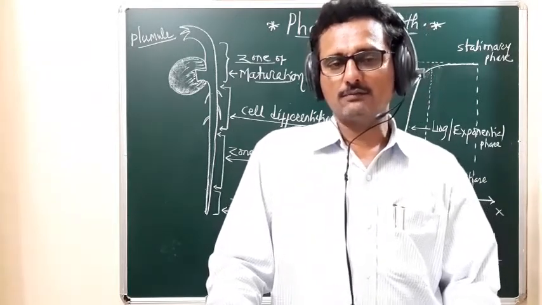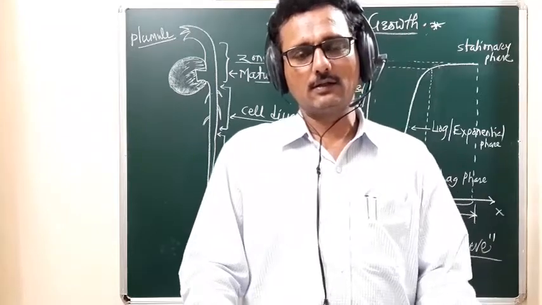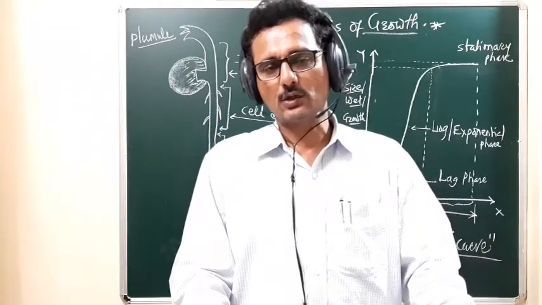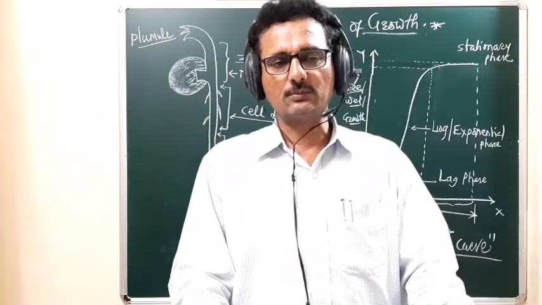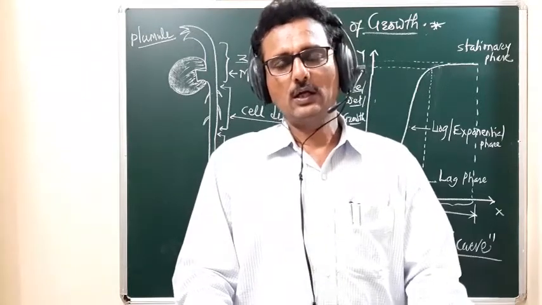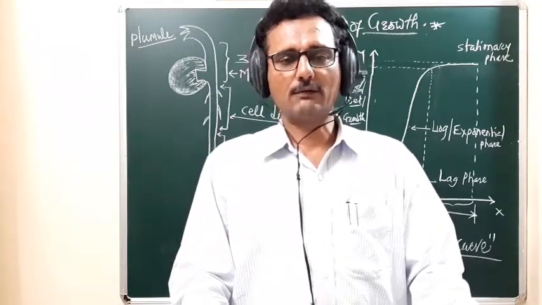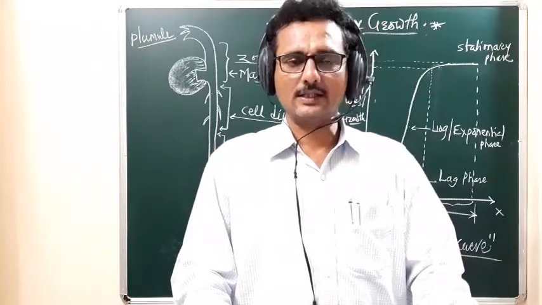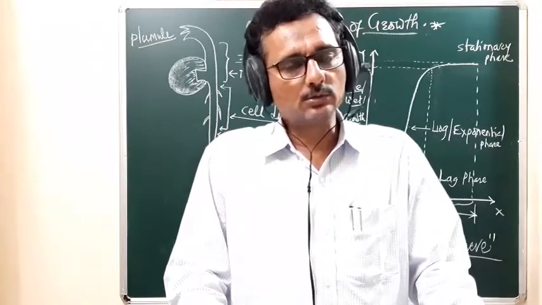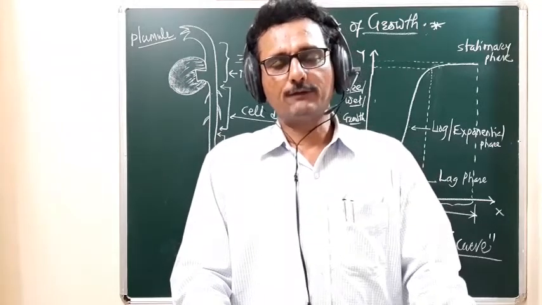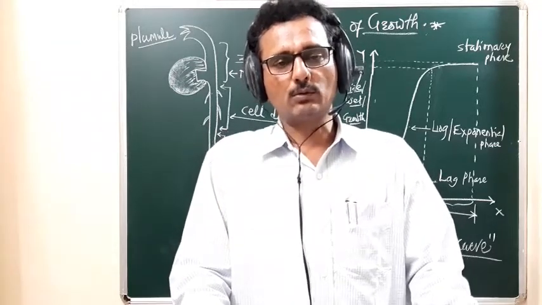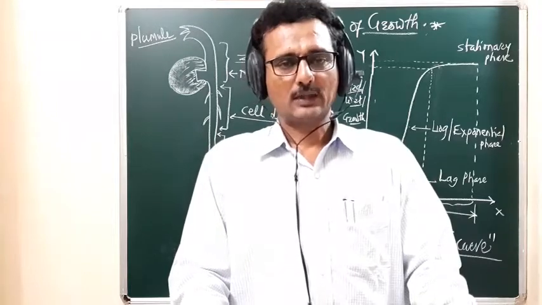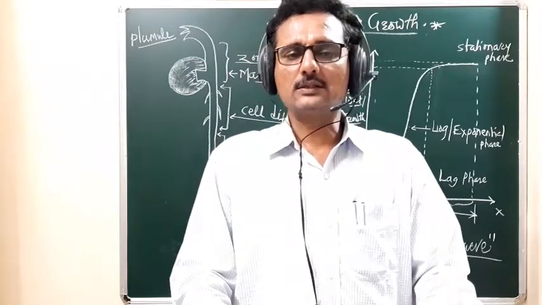So students, we have studied in the plant water relation topic what is meant by turgor pressure. Turgor pressure means when there is endosmosis, the cell becomes turgid, in the sense the hydrostatic pressure develops from inside to outside over the cell wall and cell membrane, and that pressure is called turgor pressure.